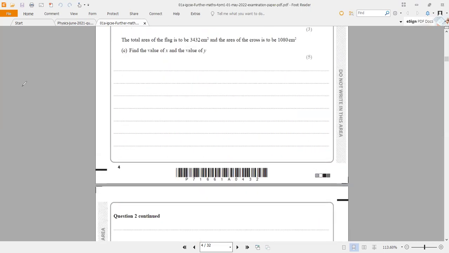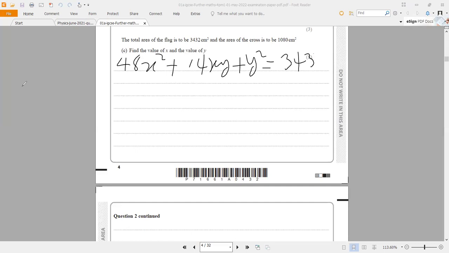The total area of the flag is this, which is 48x squared plus 14xy plus y squared equals 3432. You can call this equation 1 if you like.